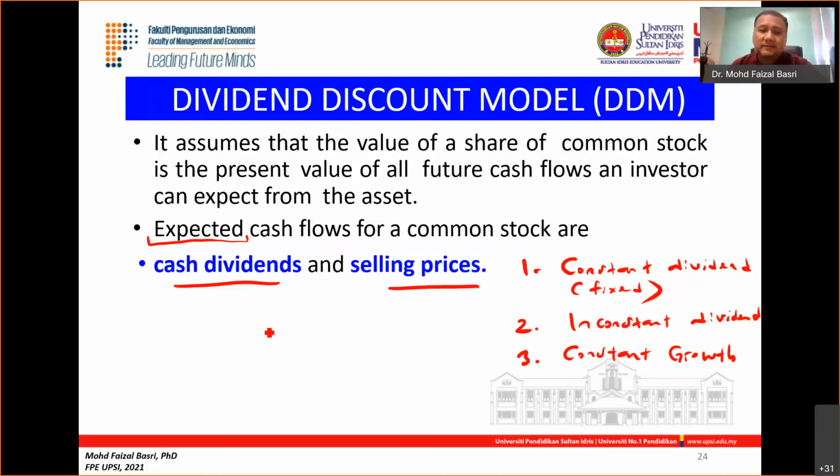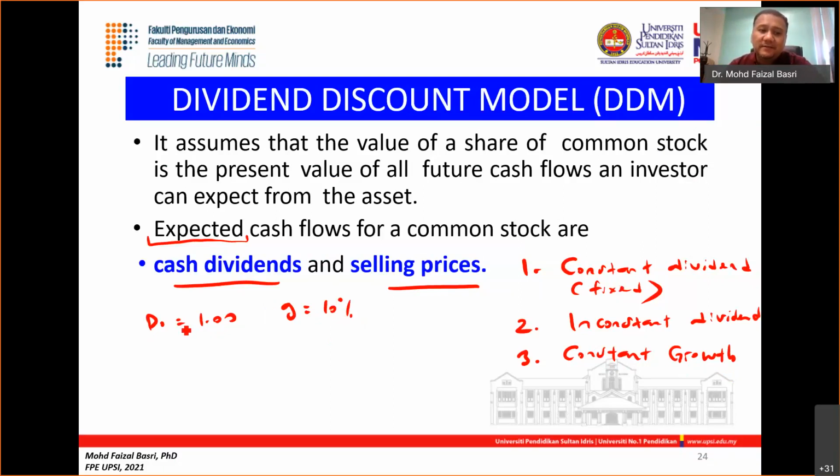Just for the sake of illustration, let's say currently the dividend is 1 ringgit. D0 means current dividend. And this company's dividends are expected to have a constant growth. So when we talk about constant growth, there will be a growth rate, which we denote as g. Let's say the growth rate is 10%. So we will assume for a constant growth dividend, this 1 ringgit will grow 10% every year.